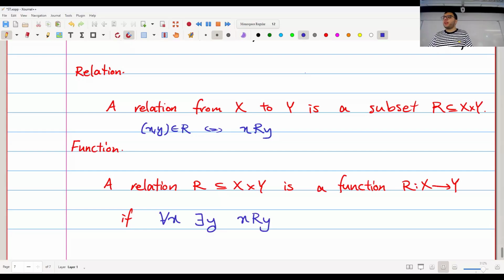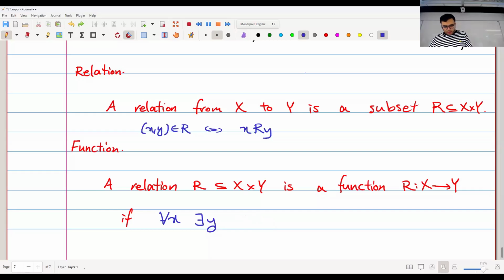So I want every x to be mapped to a y, right? And here I don't need to say that x is in big X and y is in big Y, because R is already a subset of big X times big Y. But I can also write it like that.